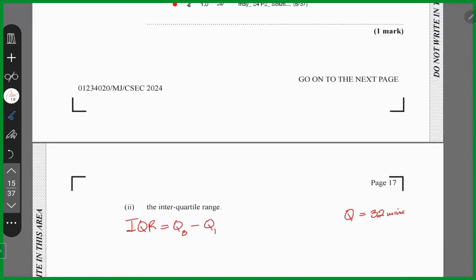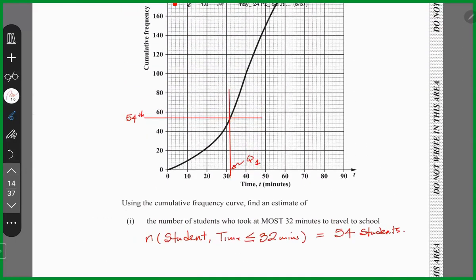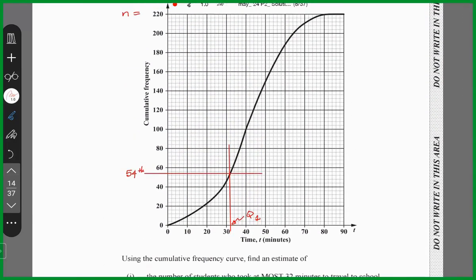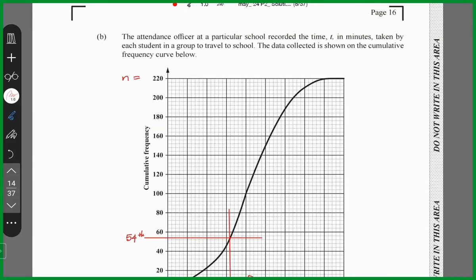Now, Q3 would be the time taken by student 3/4 of n. So 3/4 of n, which is, n is 220. 3/4 of n is student number 165. Student number 164 is exactly on this line.